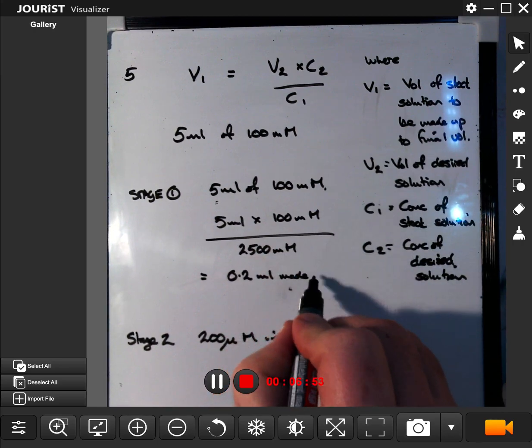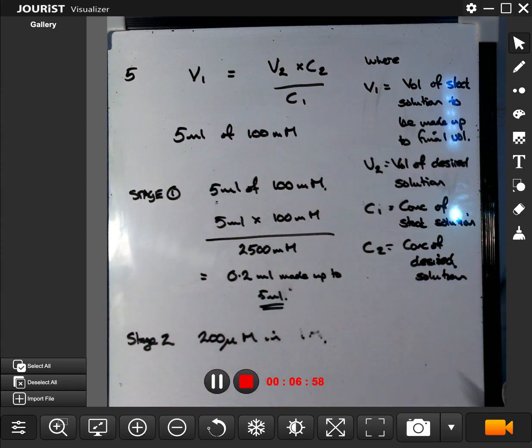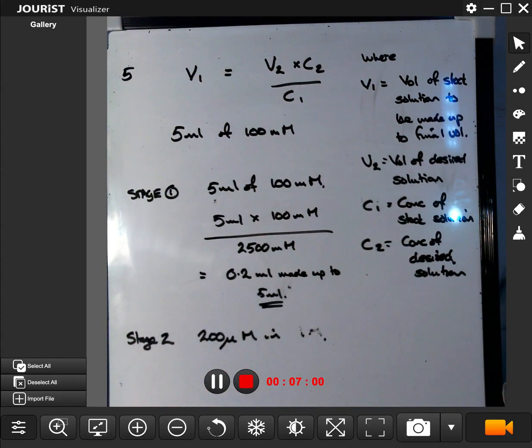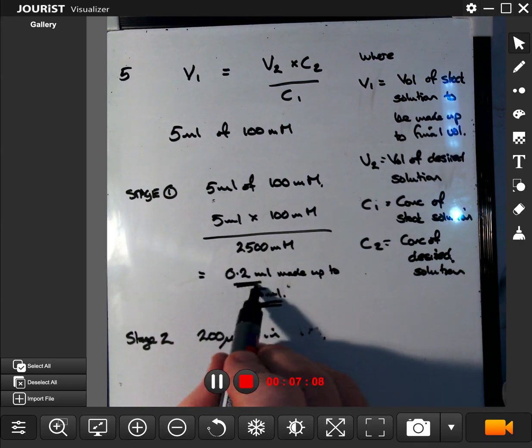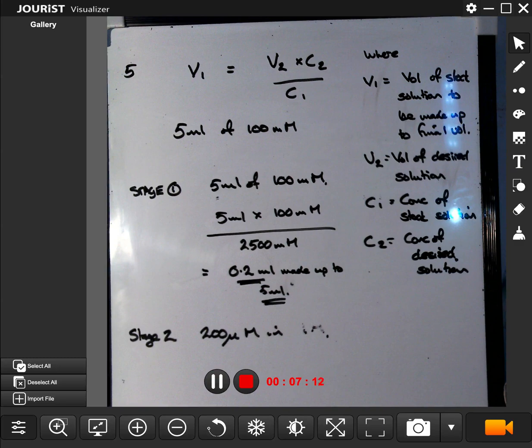Our final volume here is going to be 1 milliliter, and we get that from the question. C2 is the concentration of our desired solution, which is 200 micromoles, that's 0.2 millimoles.